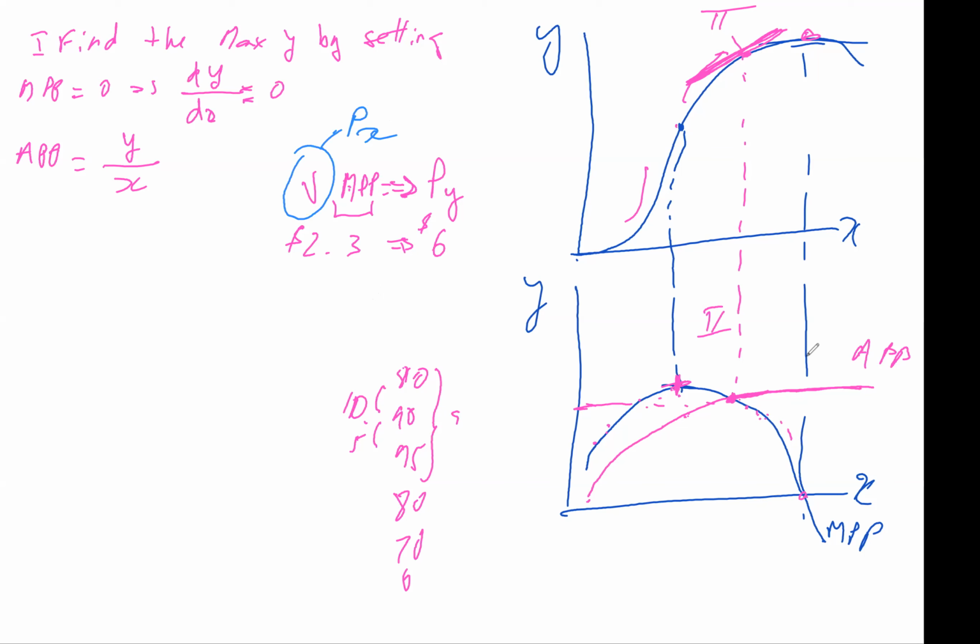You can shift and switch depending on the price of input and the price of output. These points are what determine my maximum profit, but I'll talk about it in a moment. We talked about average physical product and marginal physical product, and now we will move to cost. So let me clear everything.